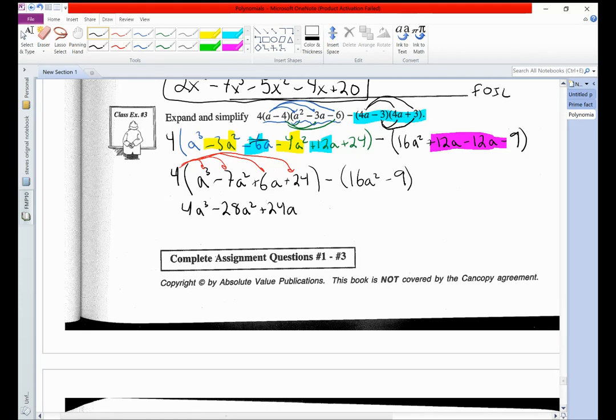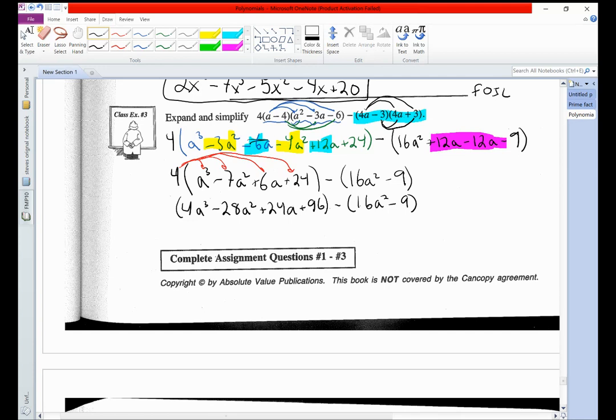And 4 times 24 is 80 and 16, which should be 96. Let's see if my mental math is good. Looks good, yeah. And I'm going to subtract everything in that term from the next one here. So I have my first term, subtract 16a squared minus 9, and now I just need to do those subtractions.